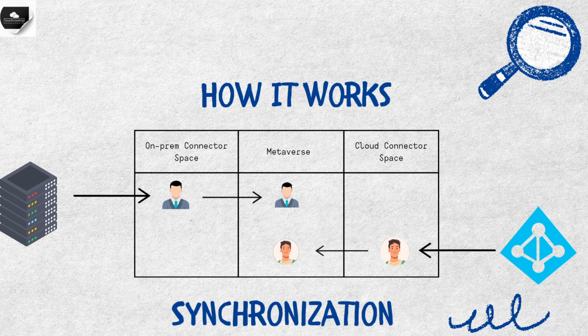As in the metaverse we don't have a user with its name or properties, AD Connect has created a user in the metaverse. We have that user which is currently working. So from both connectors, cloud and on-prem, it has been created.